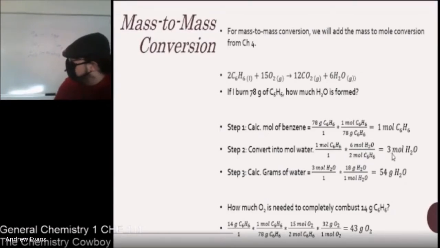So that's going to give us 3 moles of water. Then finally, the molar mass of water. Oxygen is 16, H is 1, the other H is 1, the molar mass is 18. Moles of water cancel to give us 3 times 18, 54 grams of water.